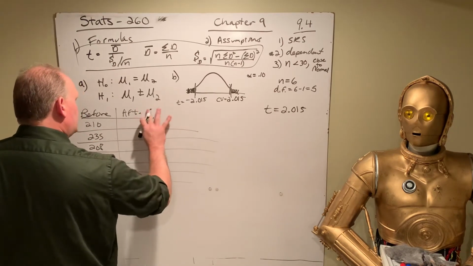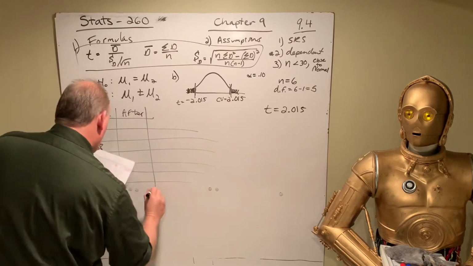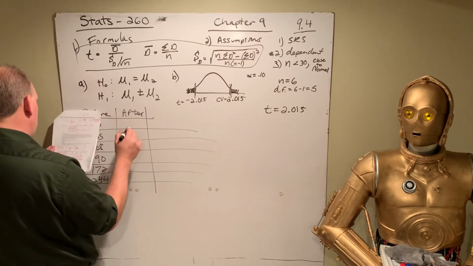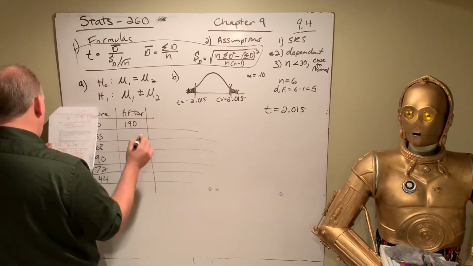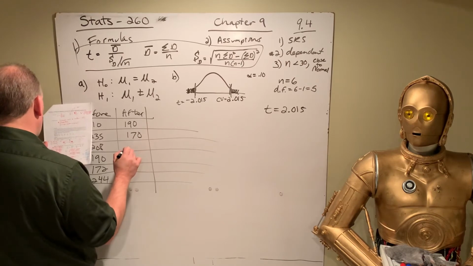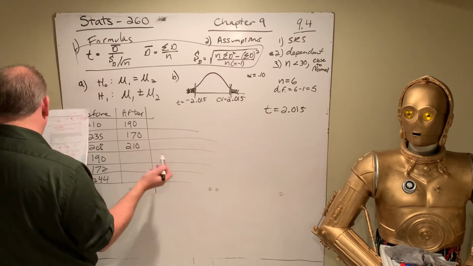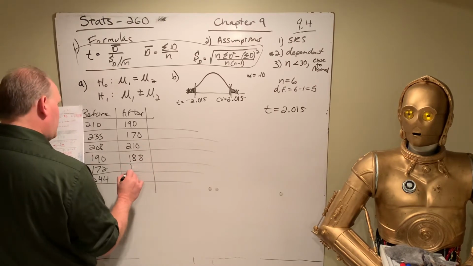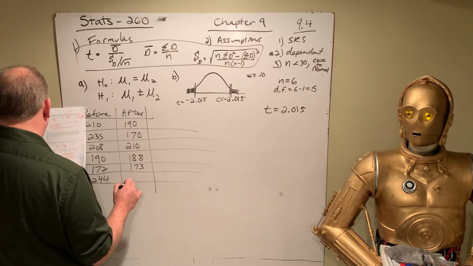And then our after, now this is matched. So for the first subject, it was 210. They took the supplements and then took another test later, 190, 170, 210. Oh no, his went up, or hers went up. 188, 173, that one also went up, and 228.